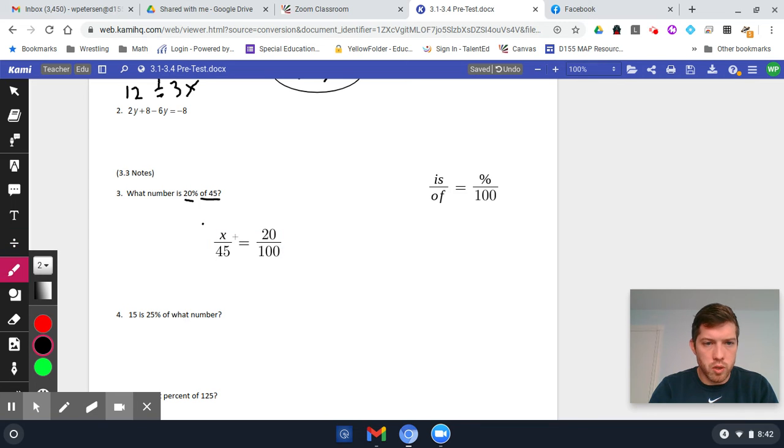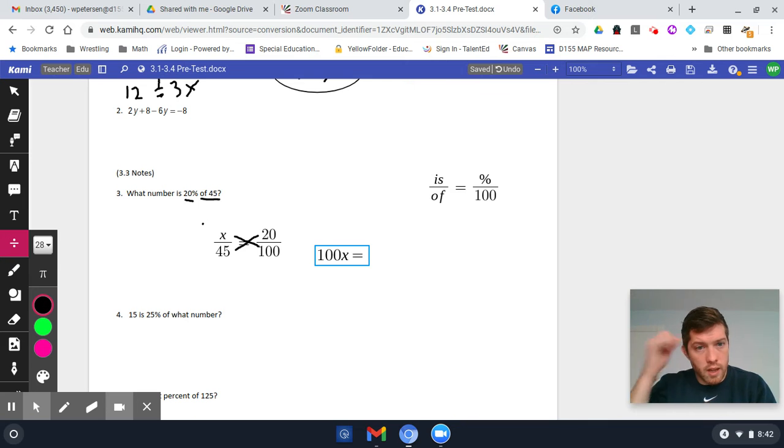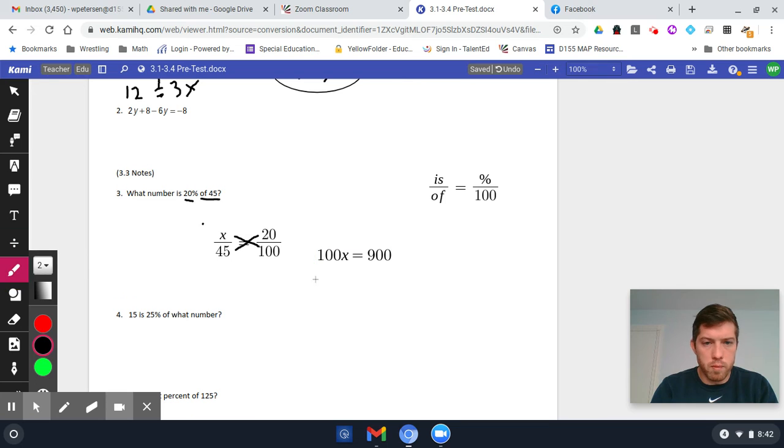At this point, you can cross multiply, right? So 100 times x is 100x equals, and then 45 times 20, I'm actually going to have to bust out my calculator here and go 45 times 20, and that is 900. And our last step would be to divide by that 100.